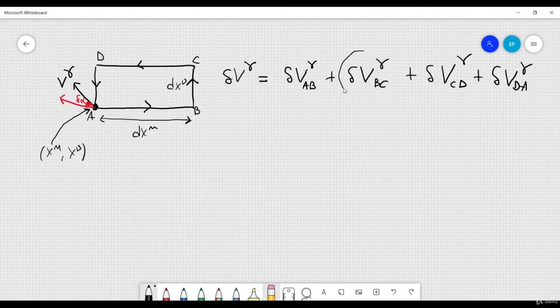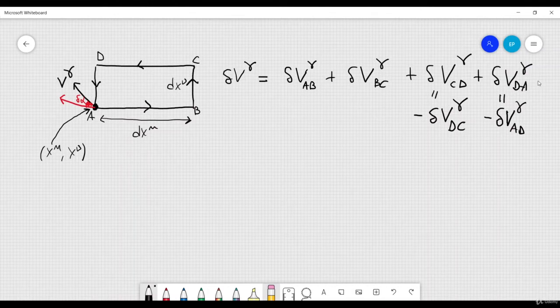Now these changes also have a sign, because for example along CD we are moving from the right to the left, so this δv CD can also be thought of as minus the change of v from D to C, of course. And something similar for this one. This can also be thought of as minus the change of v^γ from A to D.